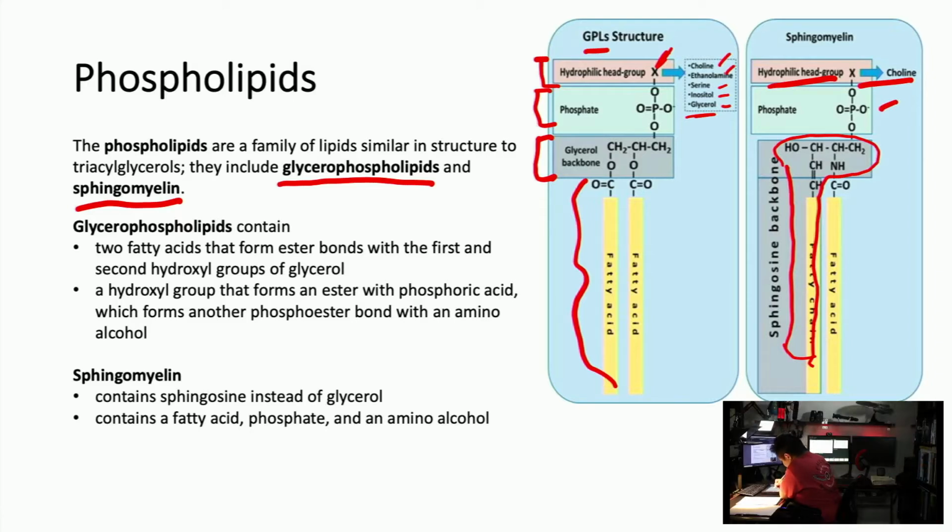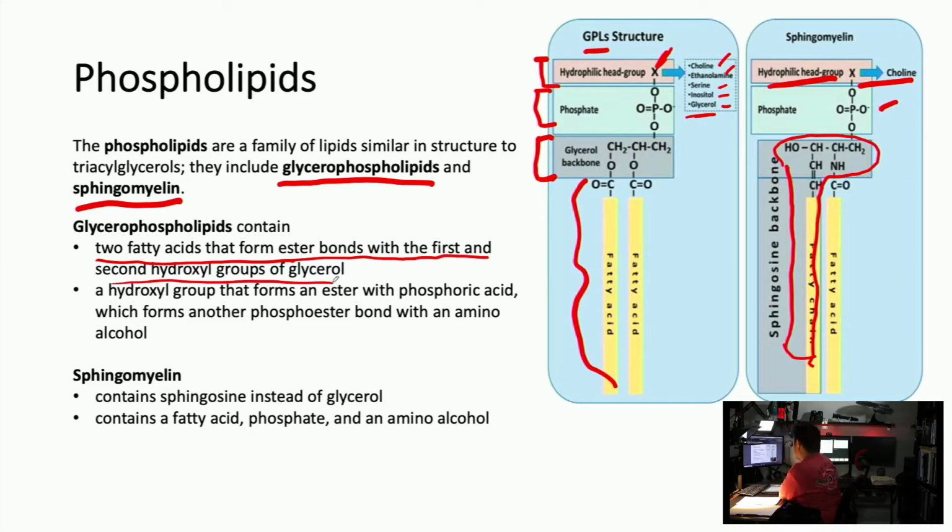So, just a quick review. Glycerol phospholipids contain two fatty acids that form an ester bond with the first and second hydroxyl groups of the glycerol.